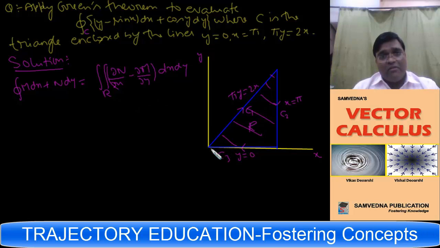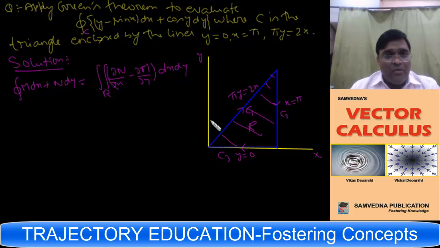The double integral is equal to the line integral carried along the anti-clockwise direction. Though the question says nothing about orientation, if you are asked to evaluate the line integral along the other orientation, we can still use Green's theorem. Whatever answer you get for the anti-clockwise orientation, you put a minus sign and get the line integral along the other orientation.